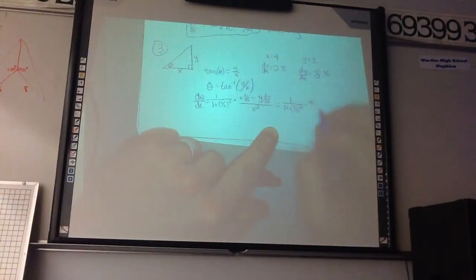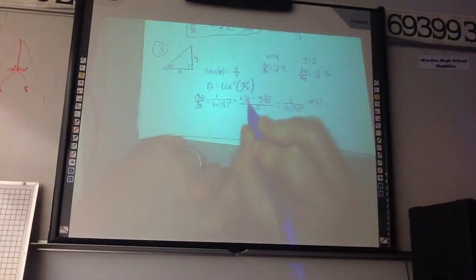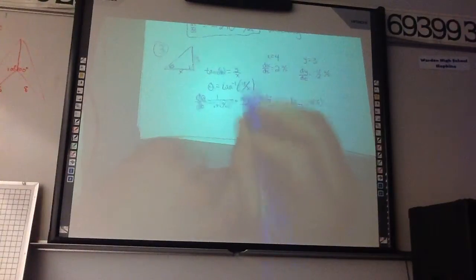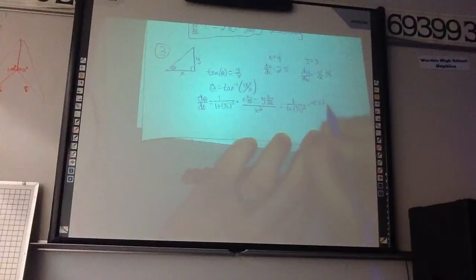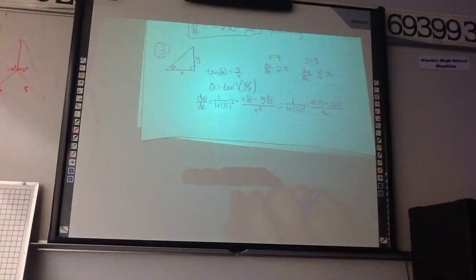Be careful. What's it supposed to be? It's x dy/dt minus y dx/dt, because of the low d high derivative.